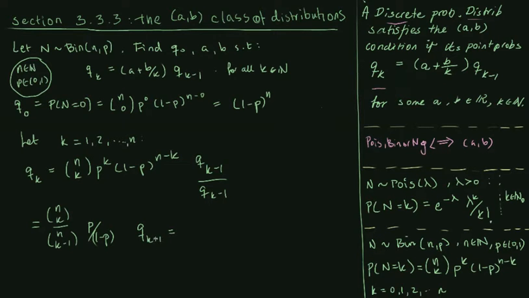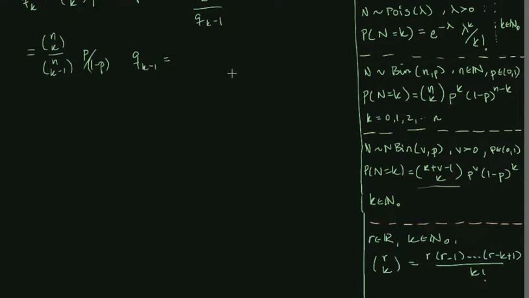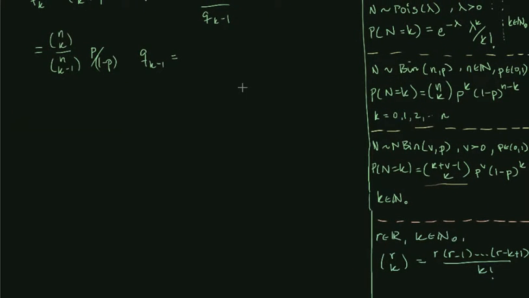Now I plug in the definition of the binomial coefficient to continue my calculations. So this is n multiplied by n minus 1 and so on until n minus k plus 1, divided by k factorial, and then I divide by n choose k minus 1.